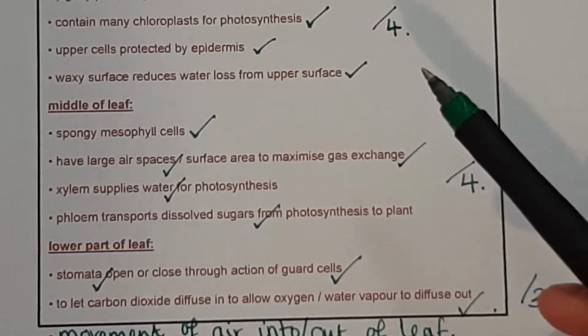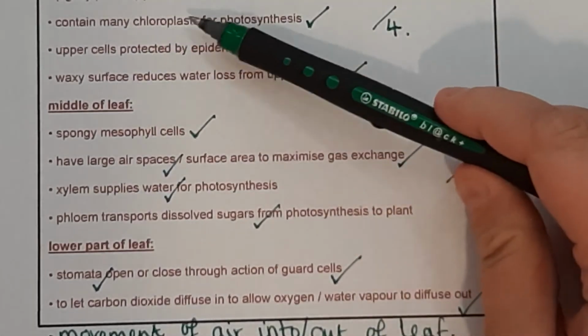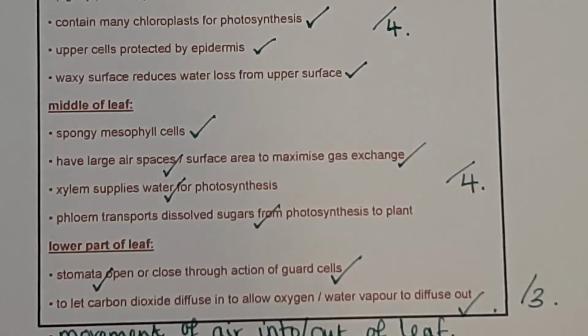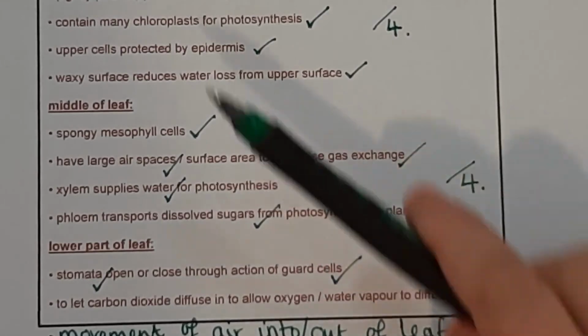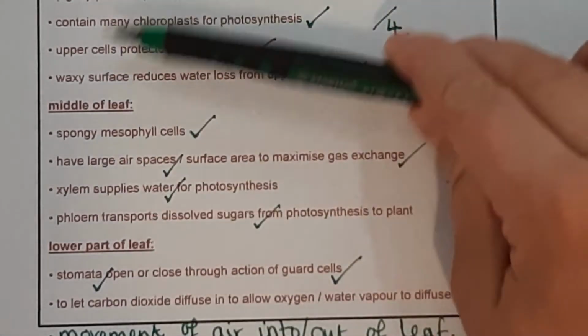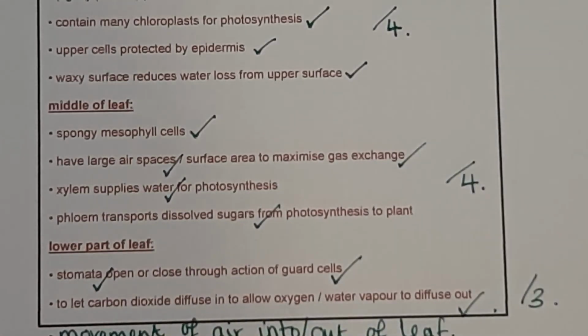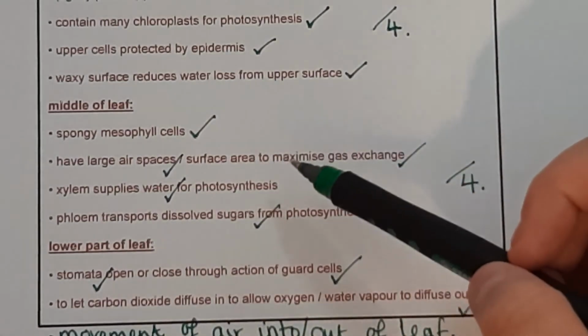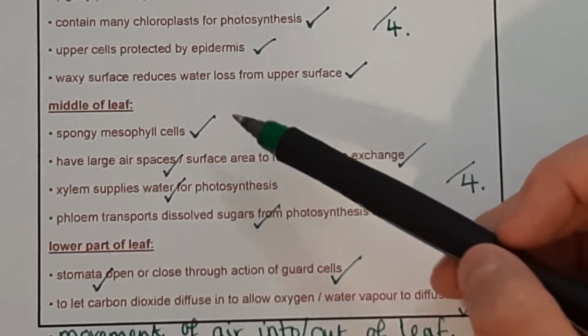Now, to get more marks, if you've written at least 1 statement for each section, that is 3 marks done. If you've written more than 1 statement for some of those sections and at least 1 in every section, you've got 4 marks. To get 5 or 6 marks, you will need to have said more things.